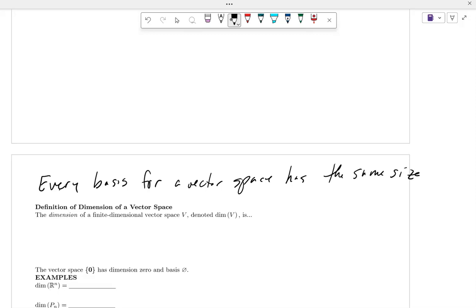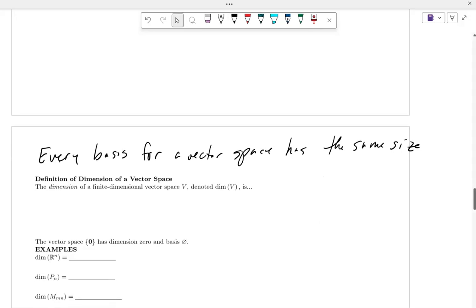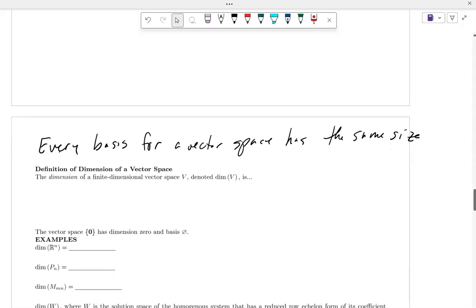That's what it tells us at the end, is that every basis has the same size, and so that lets us give the definition of the dimension. The dimension of a finite dimensional vector space is the number of elements in a basis.